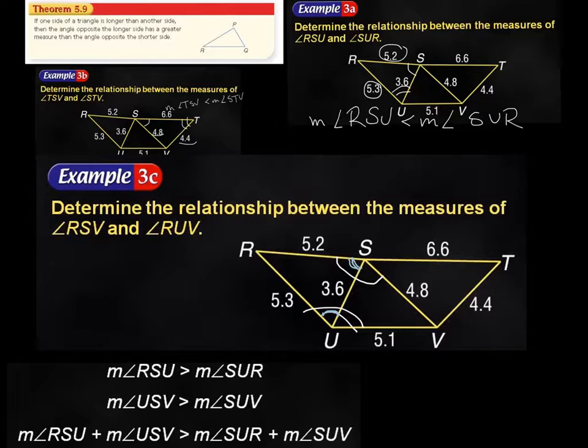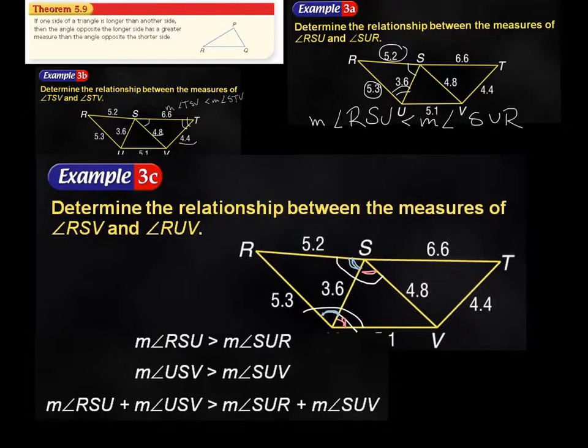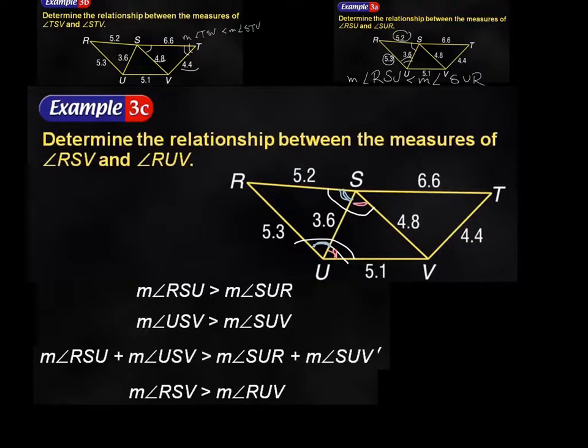And then we can see angle USV is bigger than SUV because 5.1 is definitely bigger than 4.8. So if we add the two bigger parts together, it's obviously going to be bigger than adding the two smaller parts together. So just rewriting those as their added angles, we'd have the measure of angle RSV is greater than the measure of angle RUV.